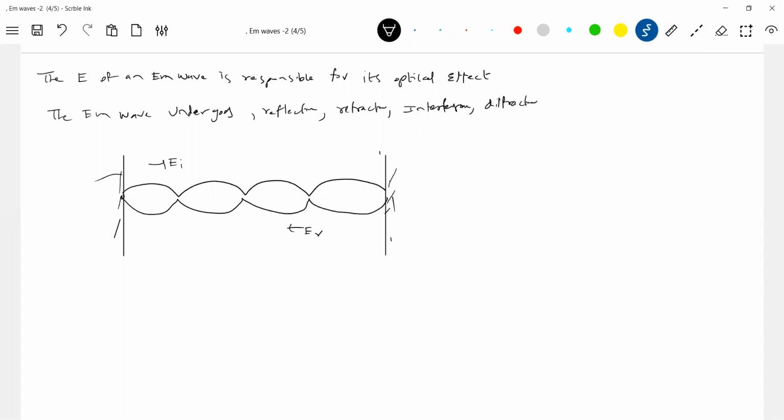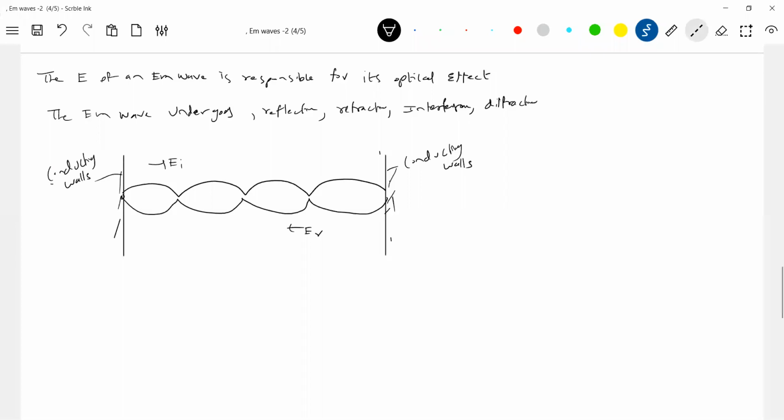So there's a conductor between two conducting walls. We'll get an EM wave, an incident EM wave and a reflected wave.